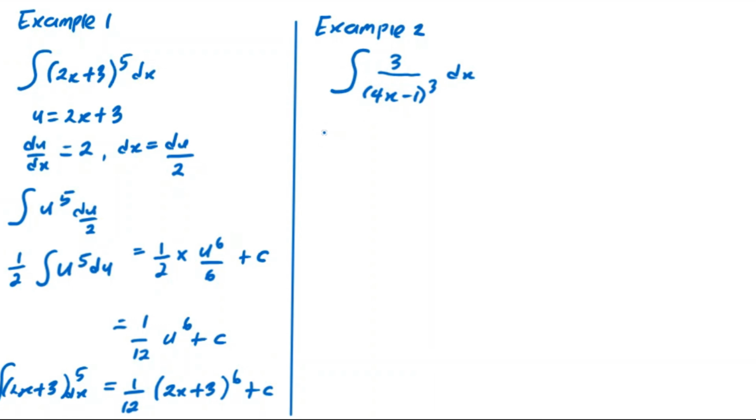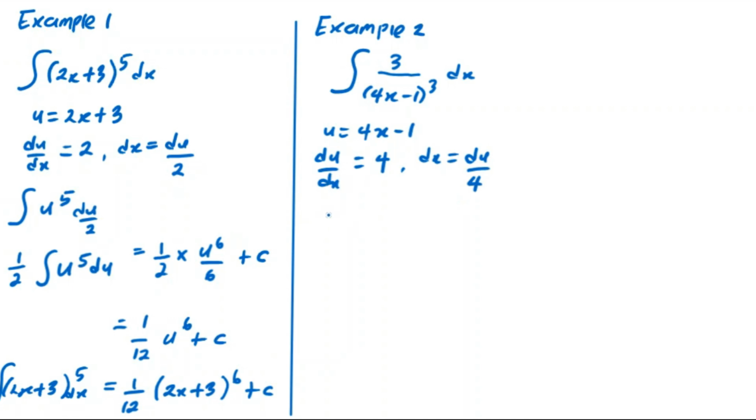We say let u be equivalent to 4x minus 1. So what it means is that du/dx is going to give us, when you differentiate 4x, you get 4. When you differentiate minus 1, that will be 0. So from here, it means our dx is equivalent to du over 4.